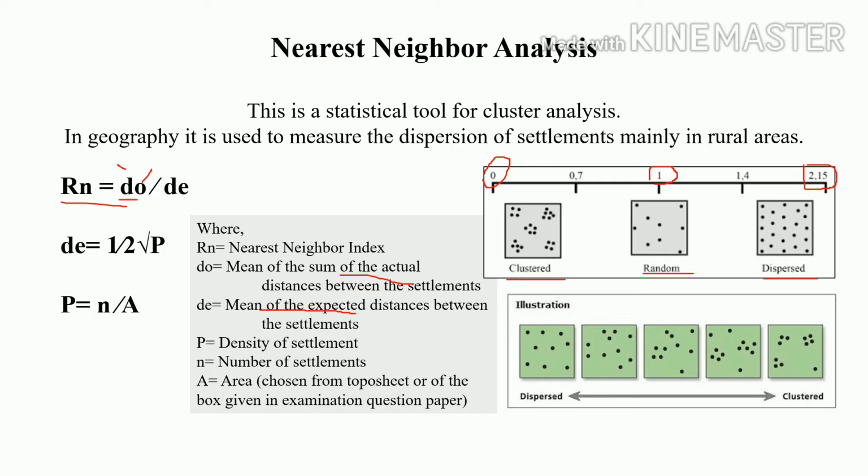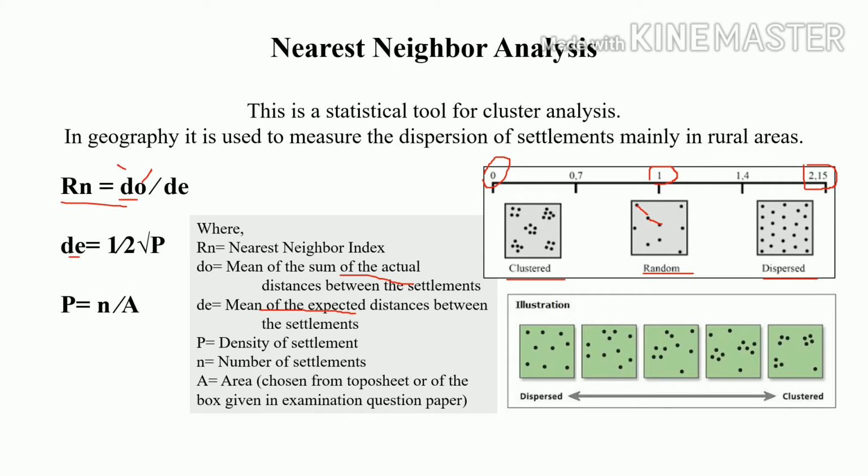Okay, so how can we calculate DO? That is very easy. We take the distance between the settlements, sum them, and then divide the summation by the number of settlements.